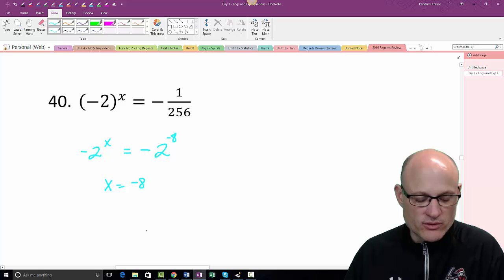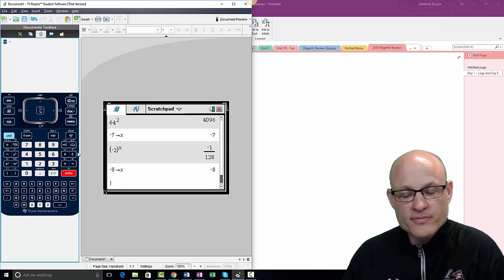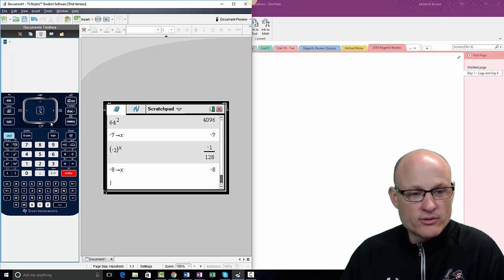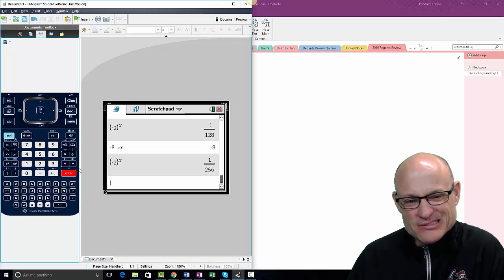Now let's see if this one works. So we're going to do negative 8, store it in x, enter. And it's actually really just this. Now it's positive. That's weird.